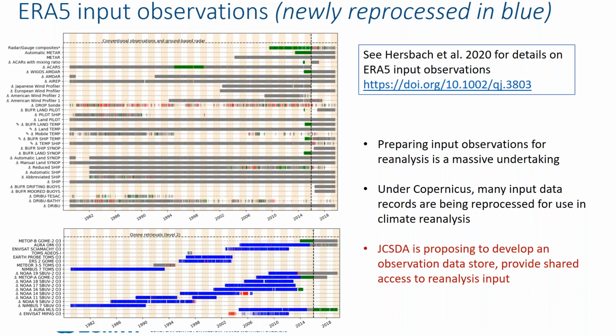I should say that since we're looking at these observations, one of the things that the Joint Center wants to do is to develop an observation data store that can make it shareable. These type of data sets that have been especially improved for reanalysis could be shared on that data store. And we have ECMWF's word that they are interested in that, and that could really help the US effort as well. Okay, next please.